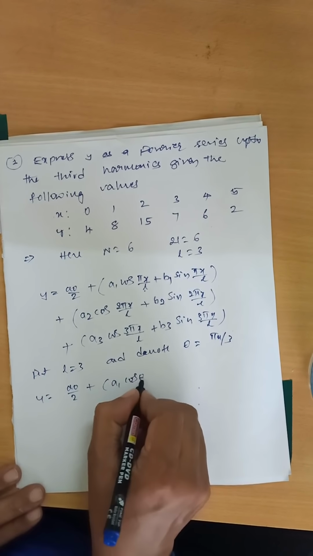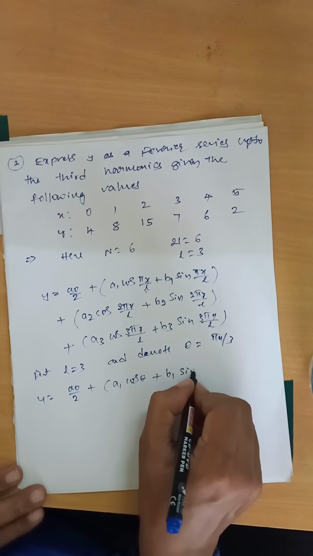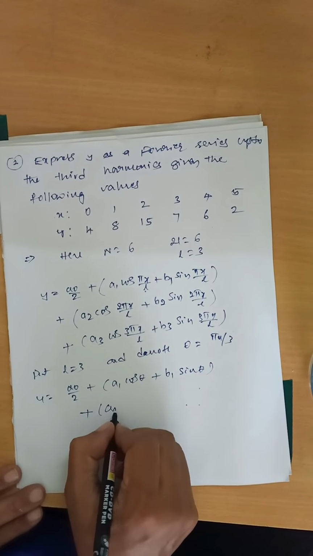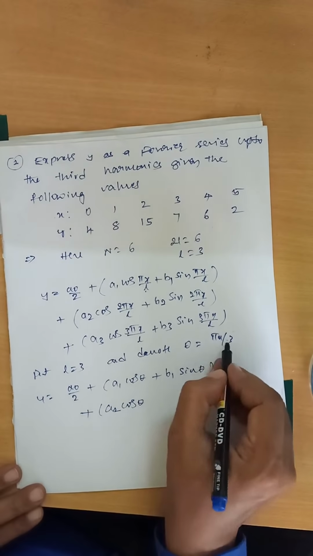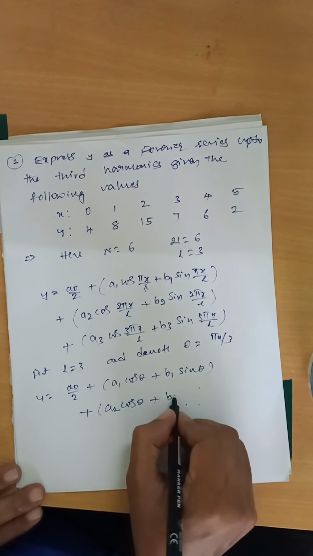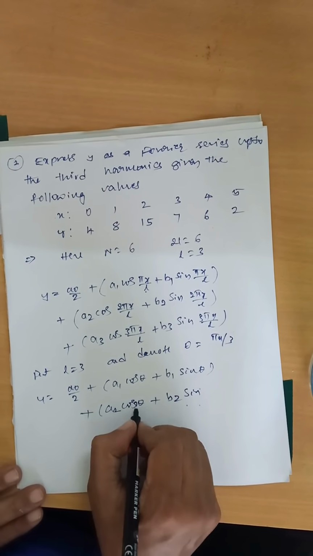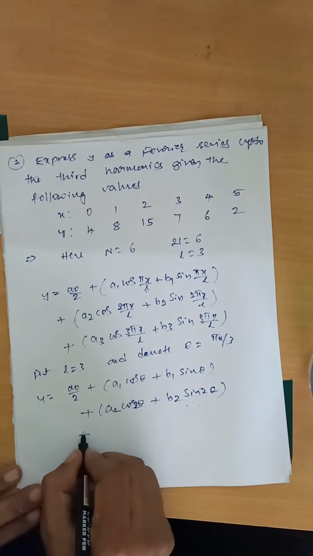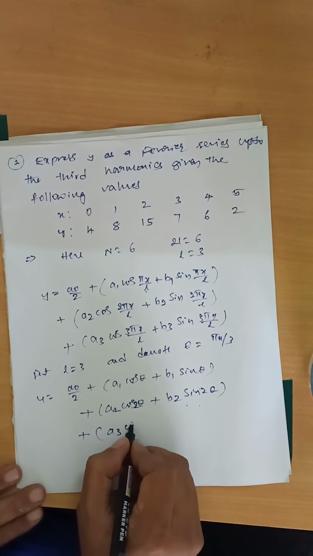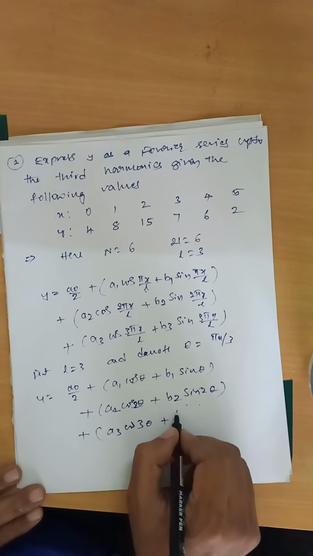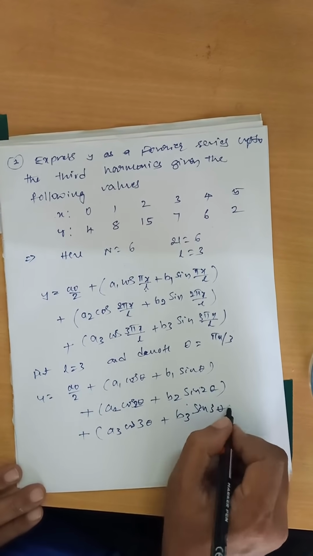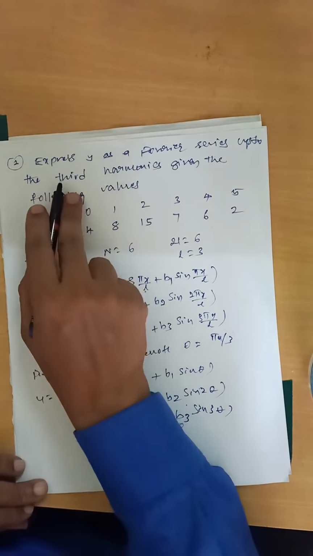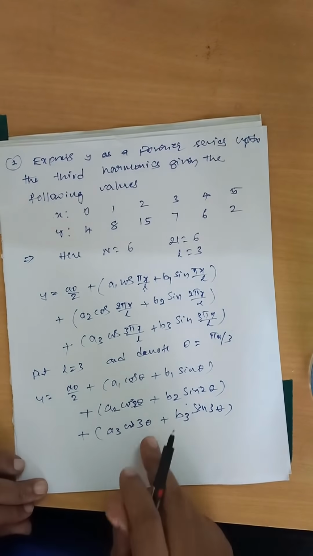A1 cos theta, B1 sin theta, A2 cos 2 theta, because theta denoted by pi x by 3, where L is 3, plus B2 sin 2 theta, plus A3 cos 3 theta, B3 sin 3 theta. So this is the required up to third harmonics. You better write it for avoiding the confusion.